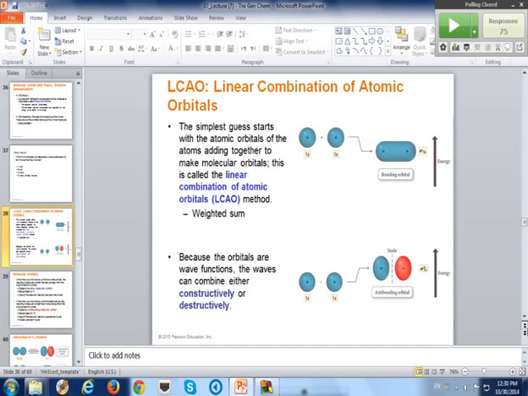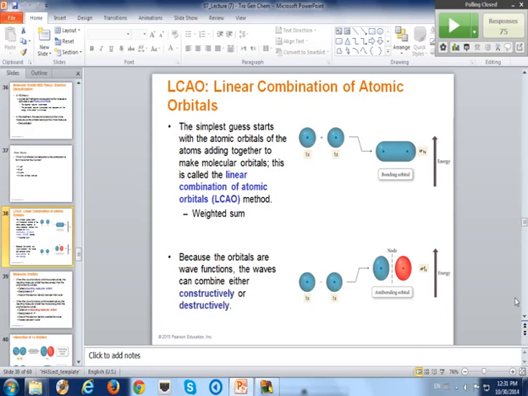In this case, the ground state atomic orbitals, the 1s. So we blend 1s for hydrogen A, 1s for hydrogen B, right? And there are two possible combinations linearly. We can add those two atomic wave functions to approximate a molecular wave function, or we could subtract those two atomic wave functions, right?